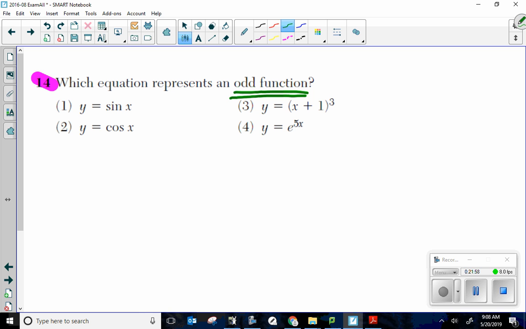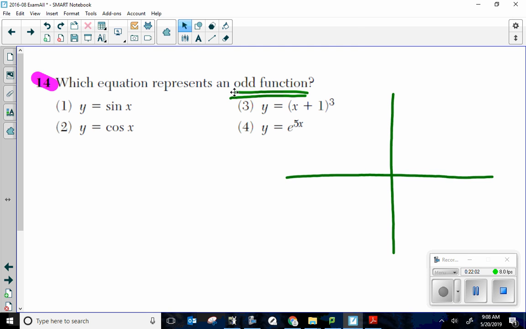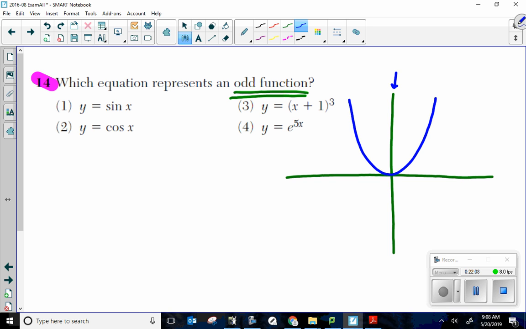But an odd function, here's a set of axes. An even function reflects across the y-axis. That's even because it's a perfect reflection across the y-axis. It's a mirror. That's even.